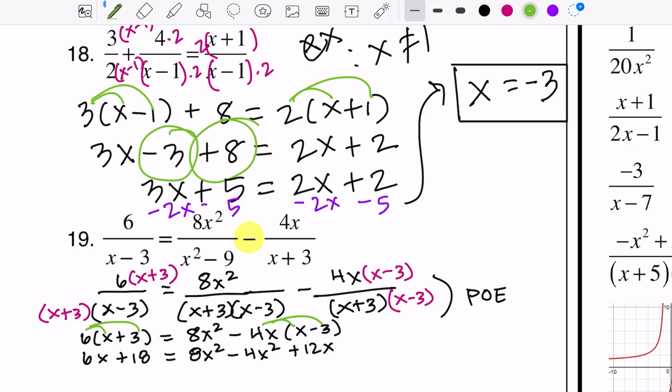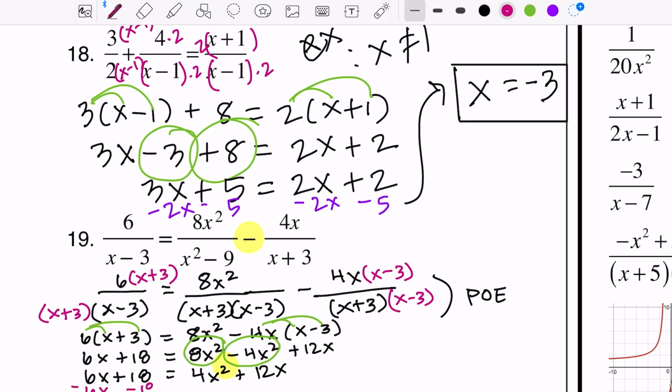And then combine like terms on the sides individually first. So 6x and 18 can't be combined, but 8x squared minus 4x squared is 4x squared plus 12x. And then because the highest power of x in our problem is 2, we are going to get one side equal to 0.